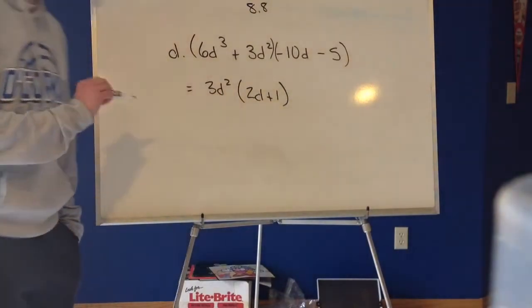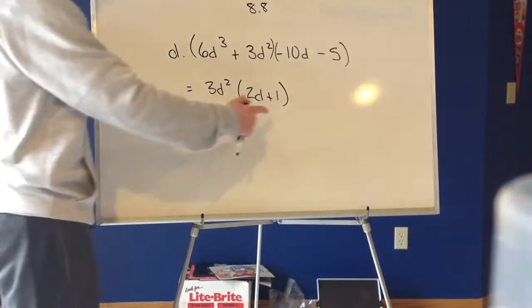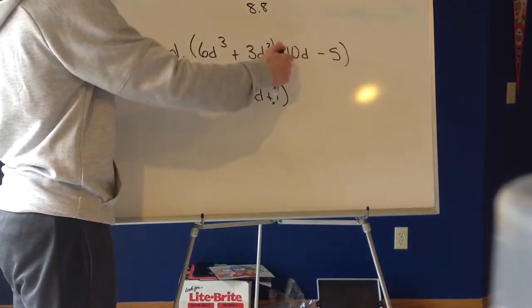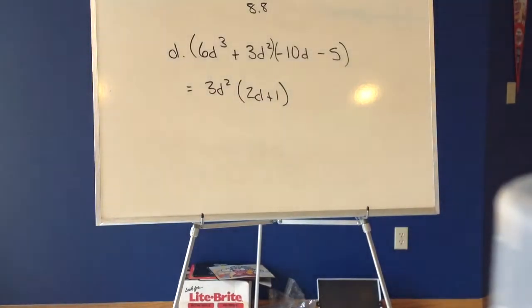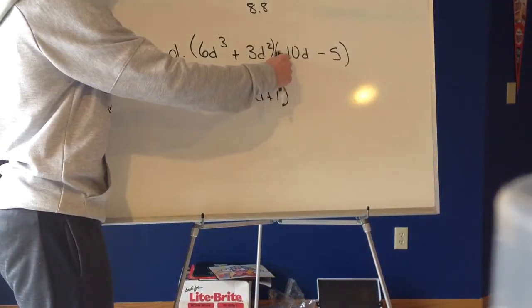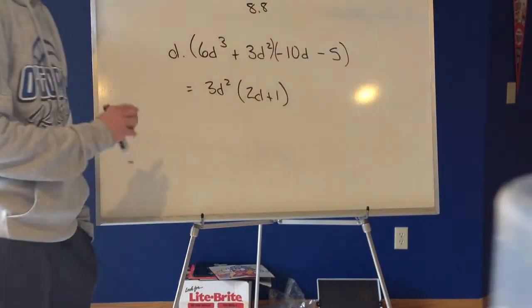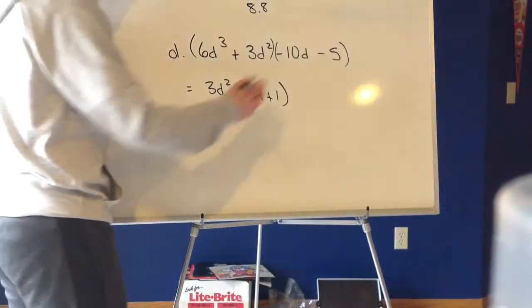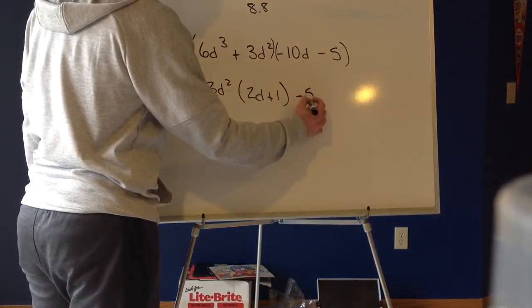Now here's where the difference comes in. Notice how the sign here is a positive, but not here, they're negatives. When you take out that GCF, you have to take the negative out with it. So if this term is negative, then that means your GCF will also be negative. I can take a negative 5 out.